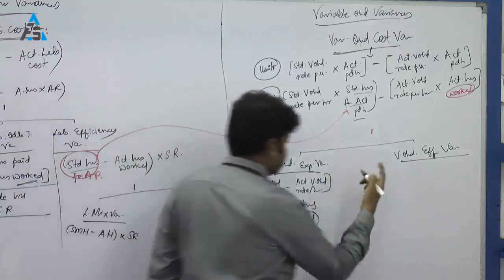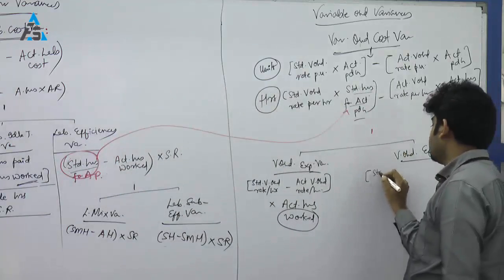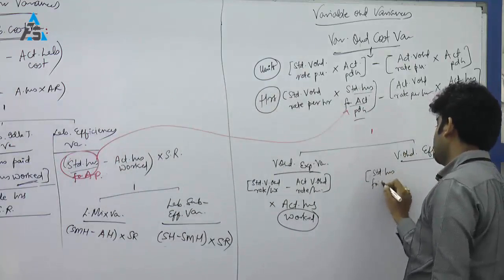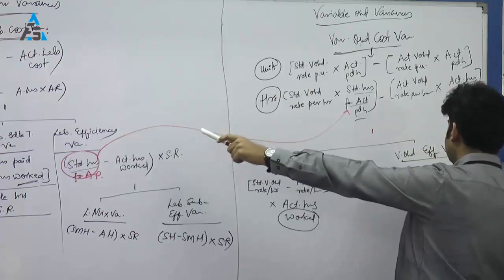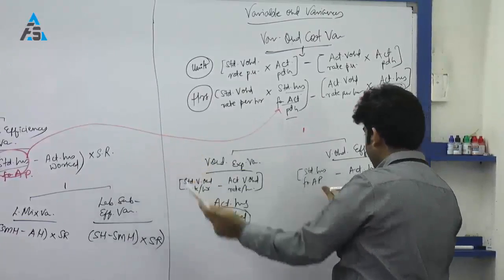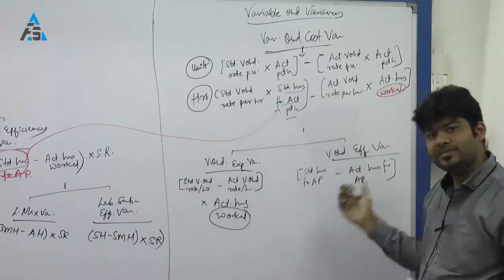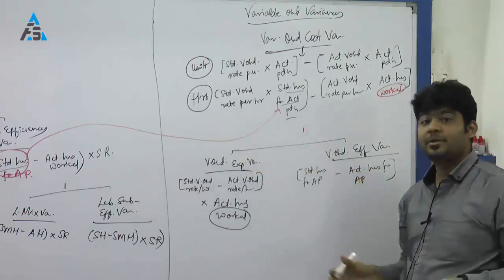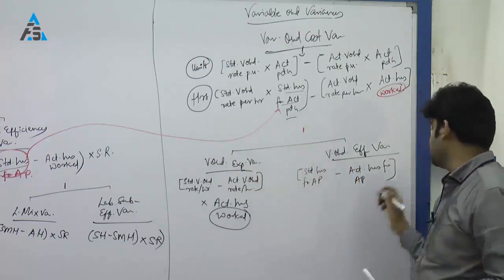And this is the efficiency variance, efficiency in terms of hours: standard hours for actual production minus actual hours for actual production, which is the same as in labor efficiency variance. So the bracket of labor efficiency variance and variable overhead efficiency variance is always the same because we are taking the same numbers. This may be used at times in your missing variances, keep this in mind.